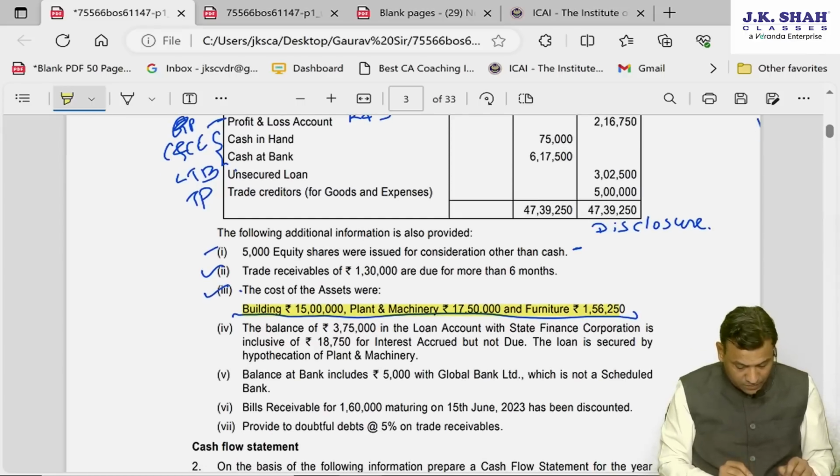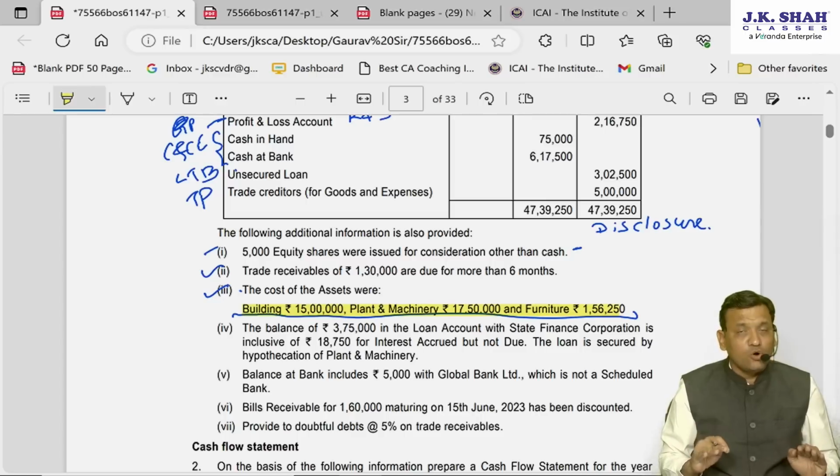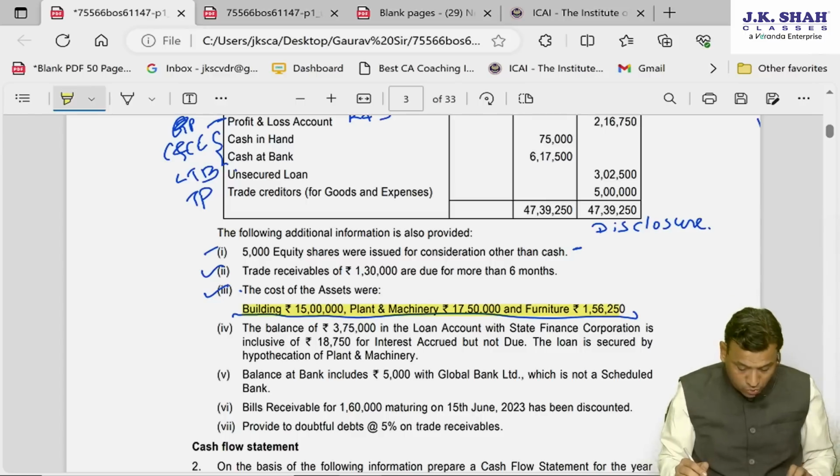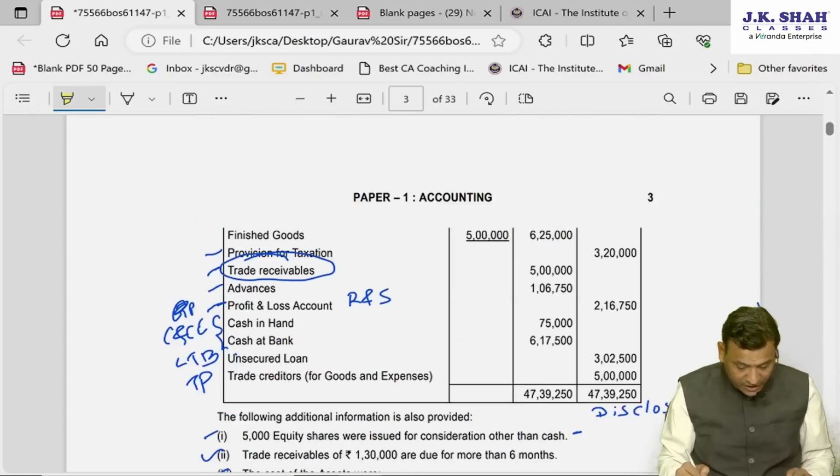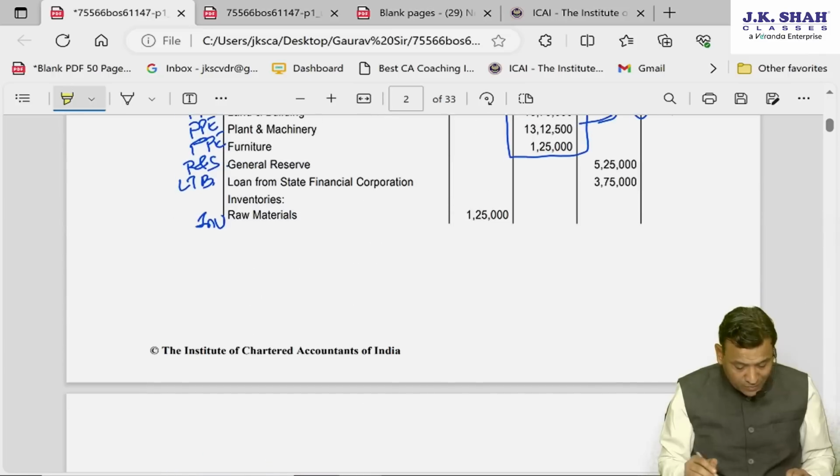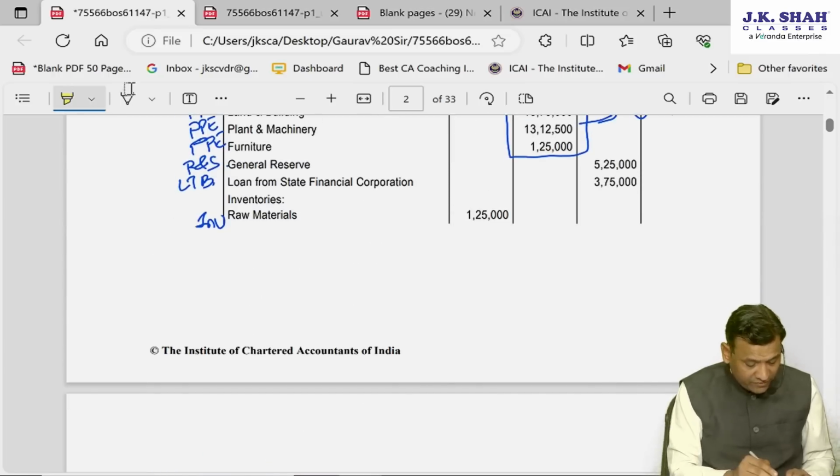Now next, the balance of 375,000 in the loan account with State Finance Corporation is inclusive of 18,750 interest accrued but not due. Okay, so we need to give a bifurcation, that is interest accrued but not due. This loan is 3,75,000.